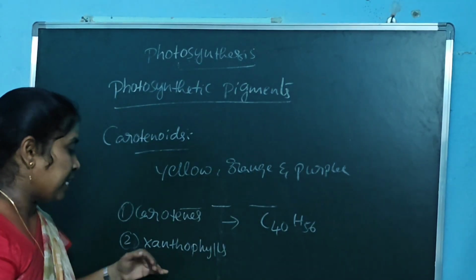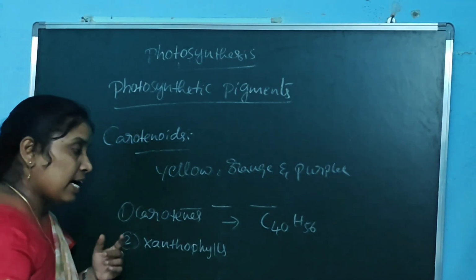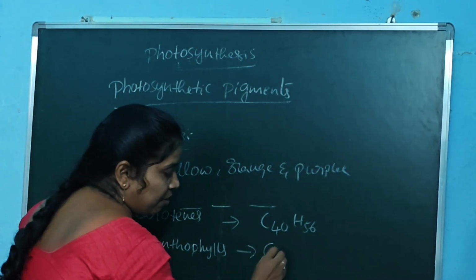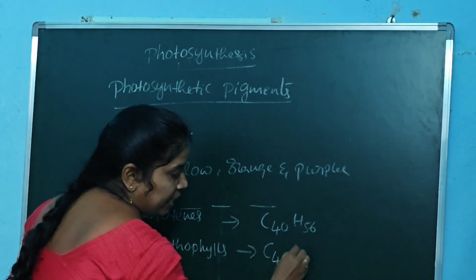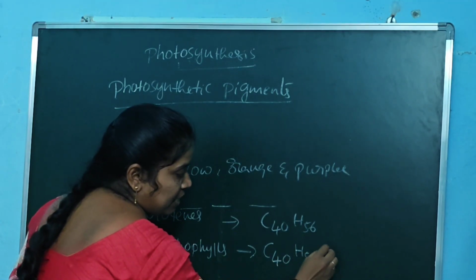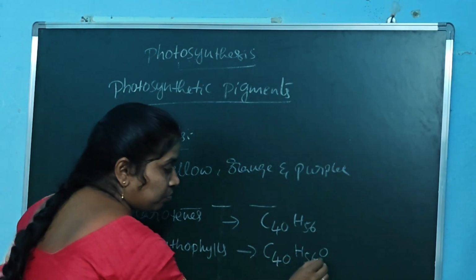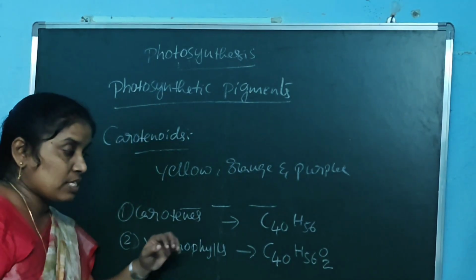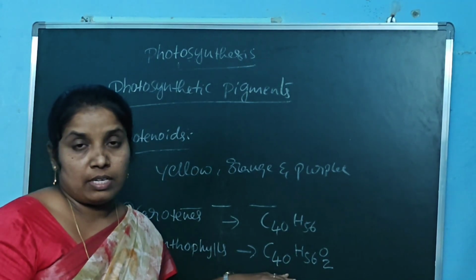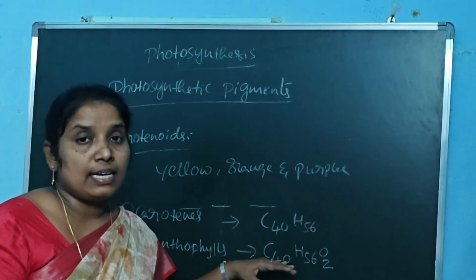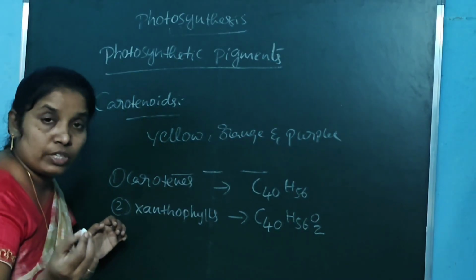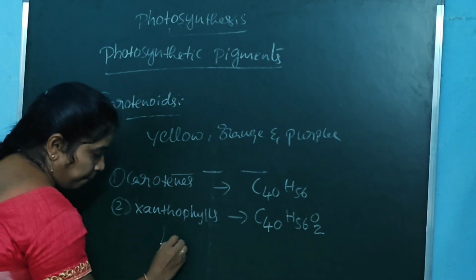So let's see the second one, xanthophylls. They are also open chain structures. The empirical formula is C40H56O2. So these are oxygenated hydrocarbons. Examples are lutein and zeaxanthin.